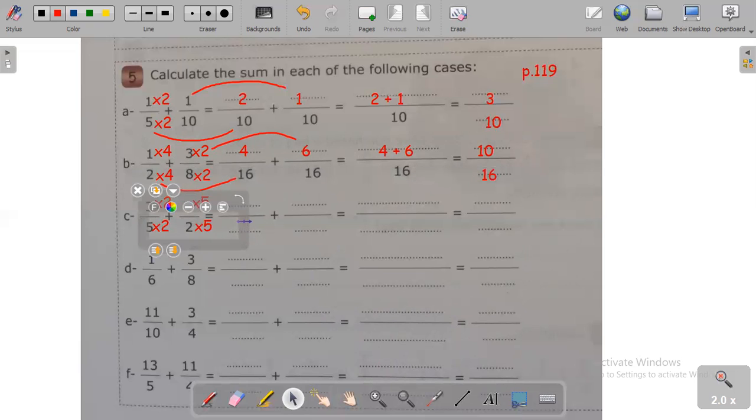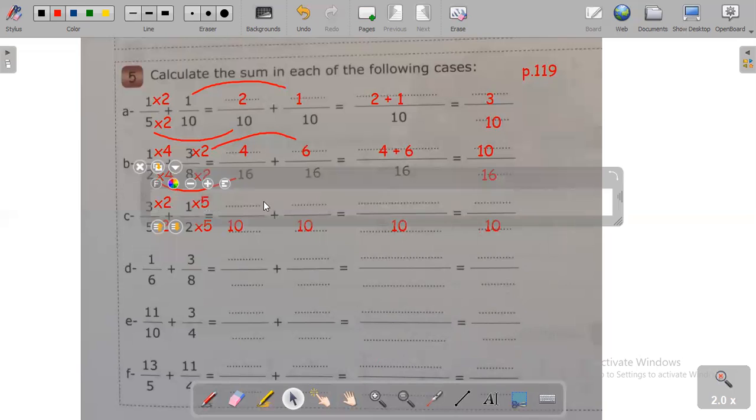The denominator will be 10 and the denominator does not change. So here we have 10 and 10. Now 3 times 2, the first fraction, 3 times 2, 6.